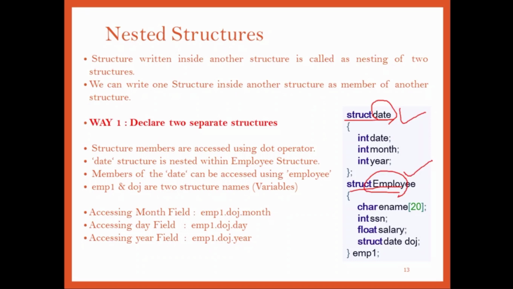So members of date can be accessed using employee. So emp1 and the object are two structure variables. Accessing the month field like that: employee1.doj.month, accessing the day field: employee1.doj.day, then accessing the year field: employee1.doj.year. So a structure written inside another structure is called nesting of structures, and we can write one structure inside another structure as a member of the other structure.